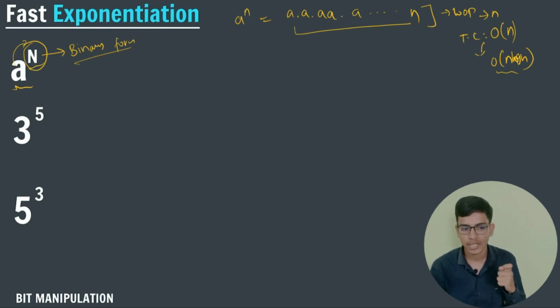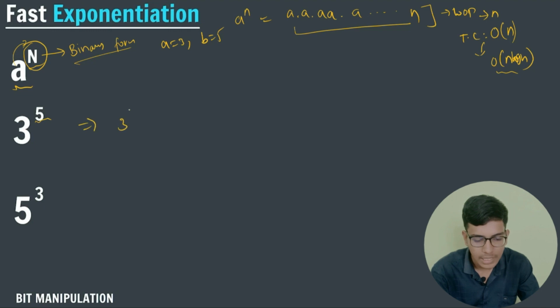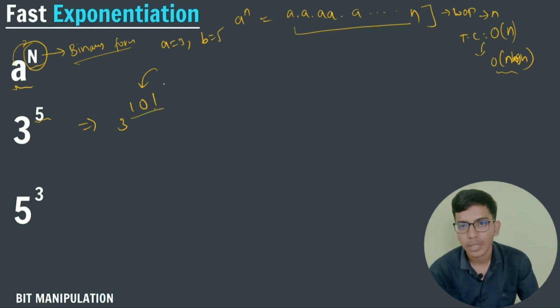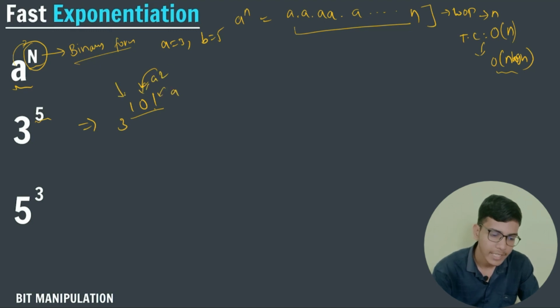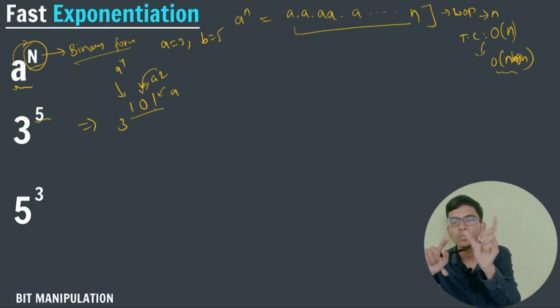Now here we will convert the given number to binary form. Let us take an example that the given values are a equals to 3 and b equals to 5. So we will convert 5 into binary form. This is the binary form, right? 1 0 1. And what we'll do here is multiply in the multiples of 2 powers, right? So we'll multiply the given number, that is a square, a to the power of 4, that is multiples of 2, and we multiply by the binary digits of n into the given value of a.